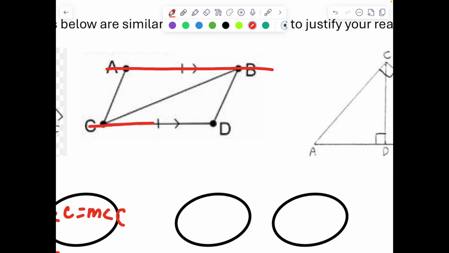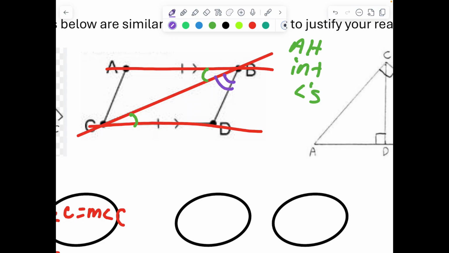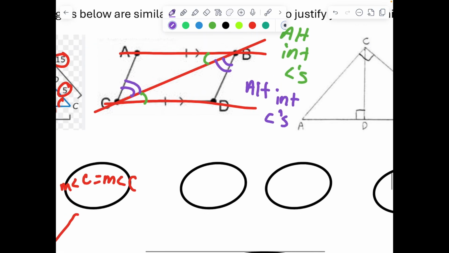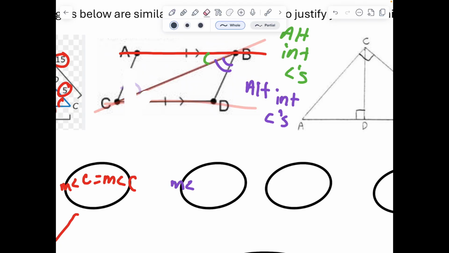Here we have two parallel lines. We can treat this like a transversal. So these two angles are the same because they're alternate interior angles. And then same goes for these two angles here, also alternate interior angles. So I have angle similarity here. So measure of angle, now I'm going to have to use 3 letters here to know exactly what angles I'm talking about.